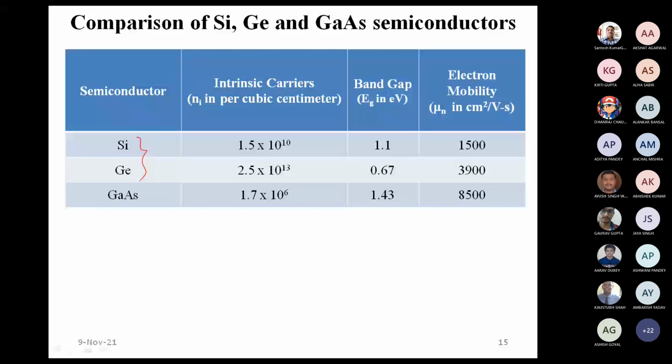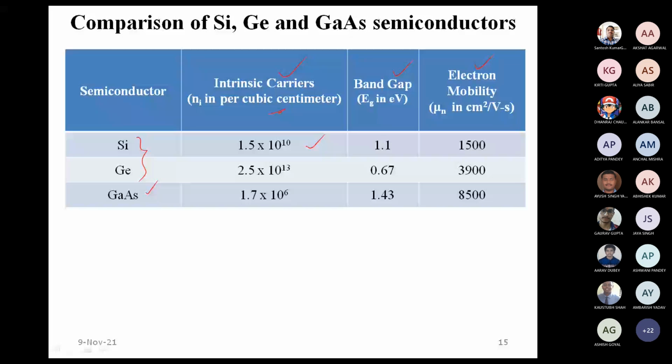At this moment, terms like intrinsic carrier, band gap, and electron mobility may not be clear, but we will see what these are. For now it is enough to understand these values.